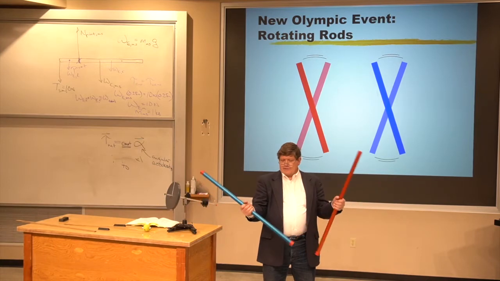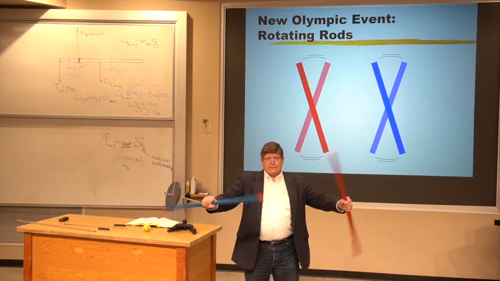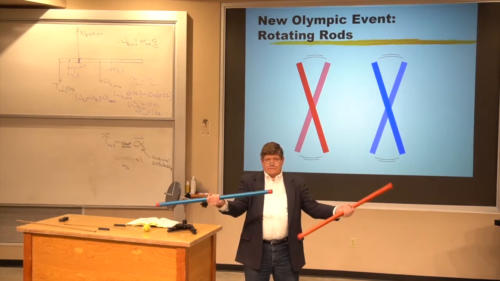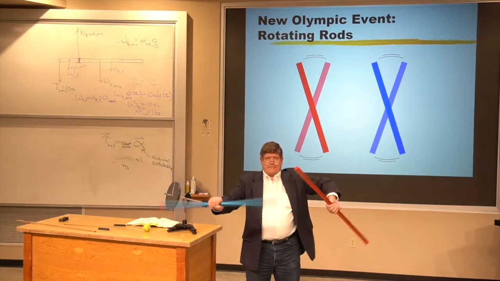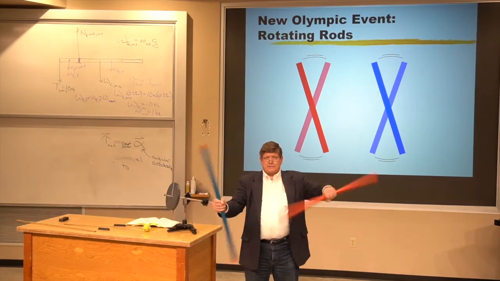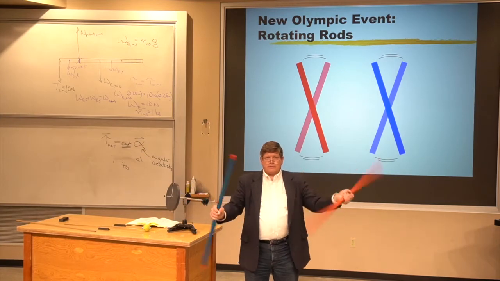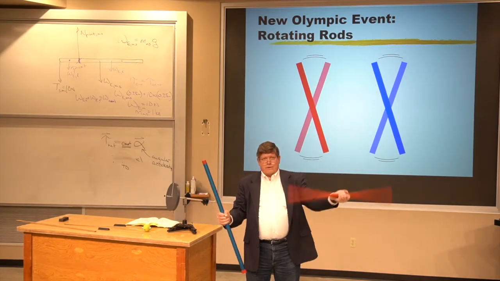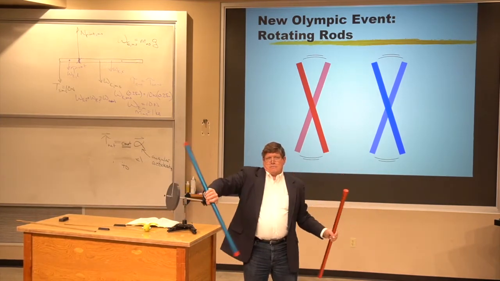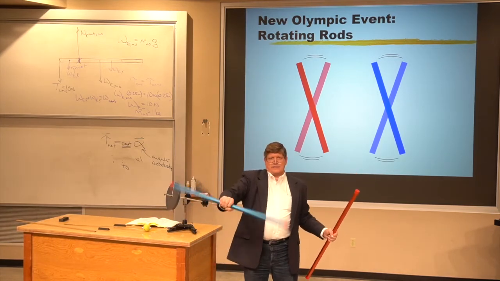And the event is that we try to rotate these things as quickly as we can, okay? And you can see that my left hand is much stronger than my right hand, or appears so, because I'm able to rotate this red rod very quickly, whereas this blue rod is not rotating easily.